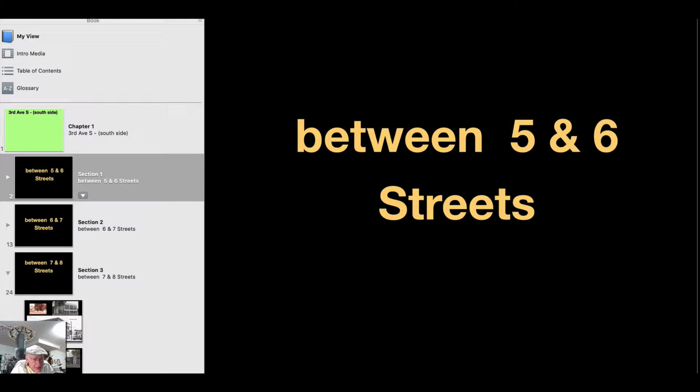And I've got quite a collection, and now I'm trying to tie them together street by street. So I'll show you how it works, or doesn't work, but it's sort of an ongoing project. I'm using a program called iBook Author. It's a Macintosh program.